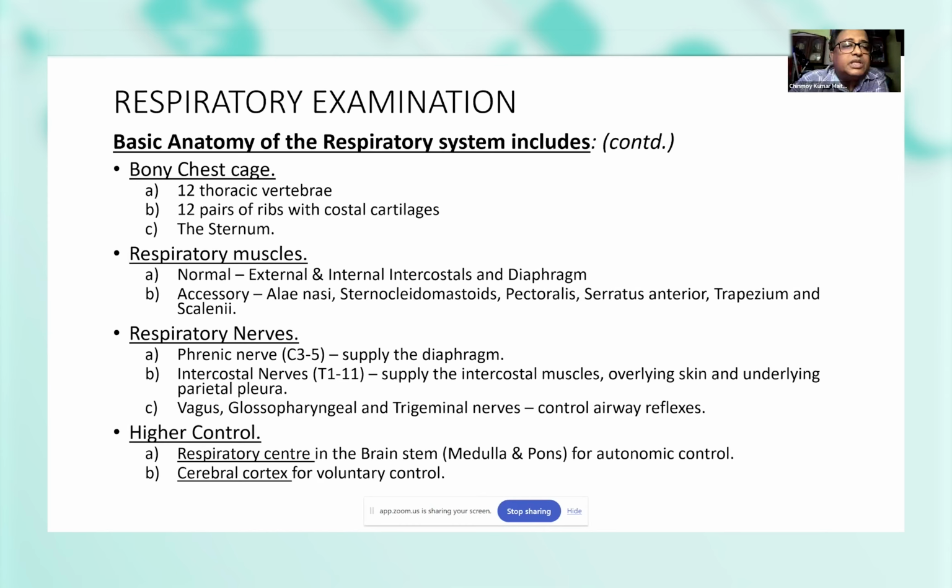The normal respiratory muscles are the external and internal intercostal muscles, which raise the ribs on both sides in a bucket handle fashion, and the diaphragm below, which moves like a piston up and down.